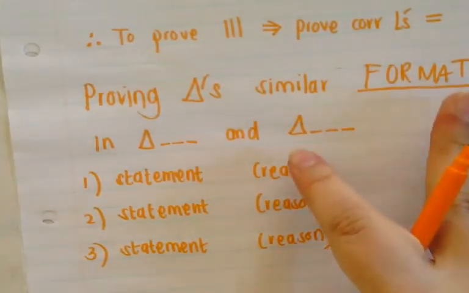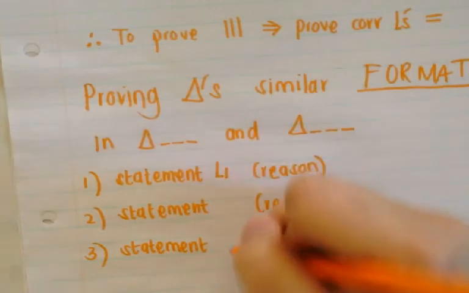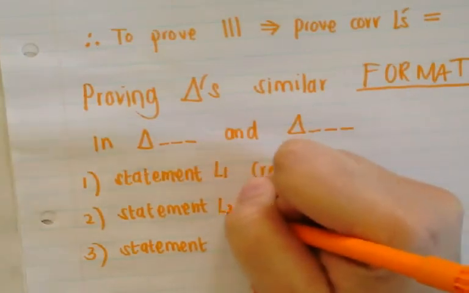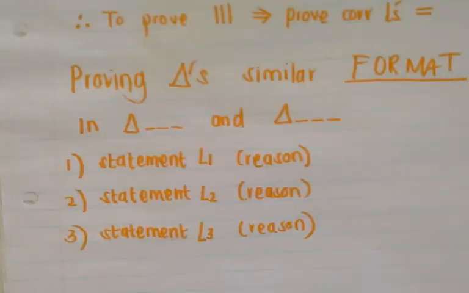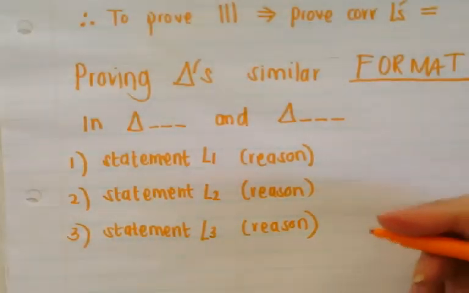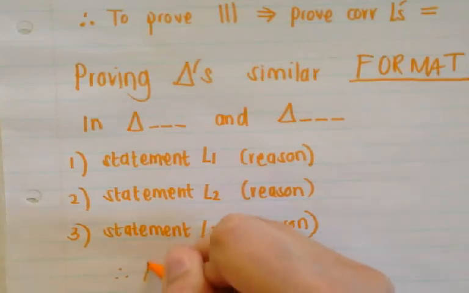If we can show 3 things, for instance, we are dealing with angles, so a statement about angle 1, a statement about angle 2, and a statement about angle 3, we have proven 3 things, therefore we would finalize and write a conclusion.